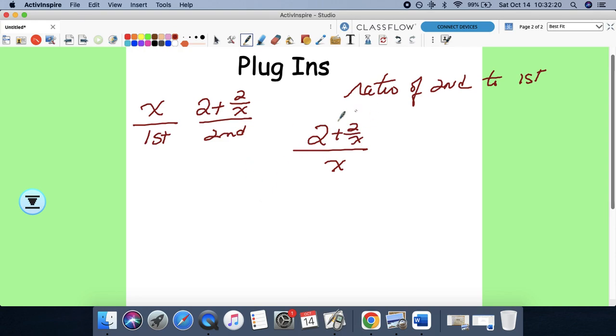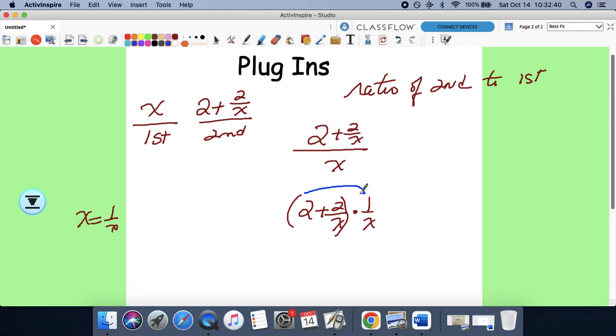Well, to simplify this expression, we can multiply it out. So we get 2 plus x over 2, and this is division, so times the reciprocal of x, which is 1 over x. Be careful because this has 2 terms, so that's why I previously put it in parentheses.